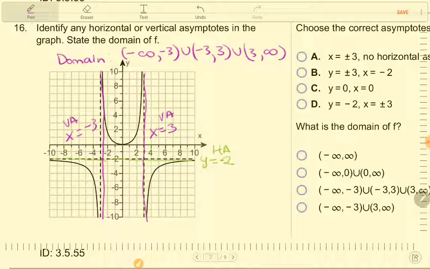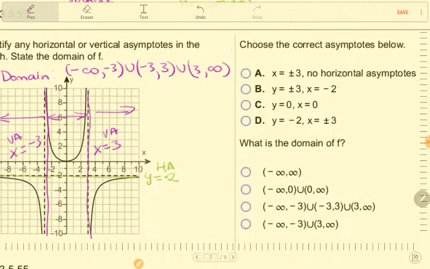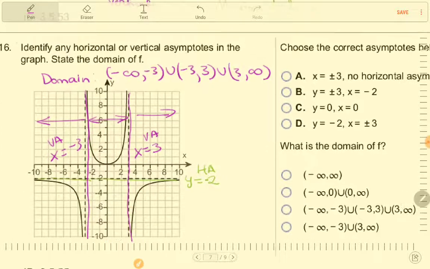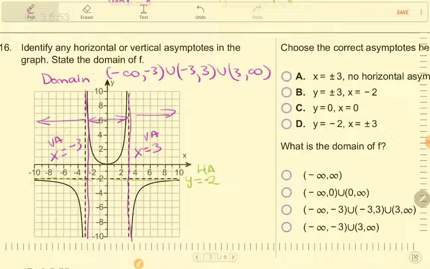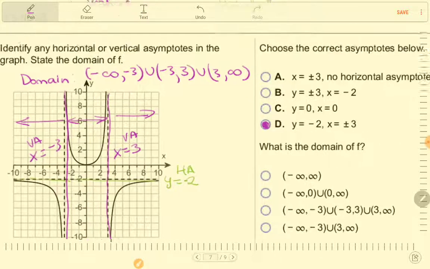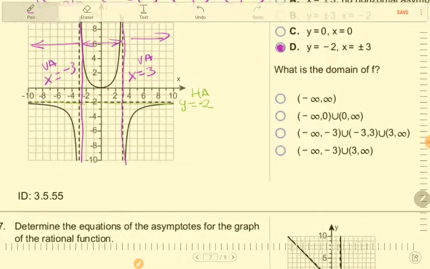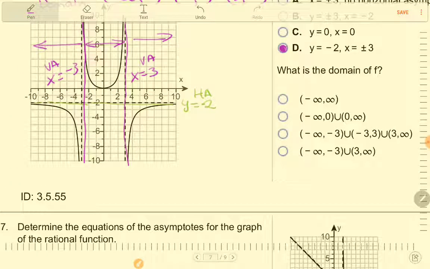So those are the intervals in between the asymptotes. So the correct choice would be here for the asymptotes, and the domain here.